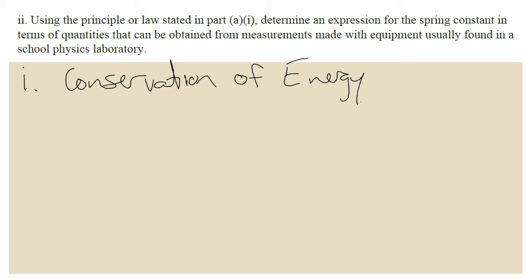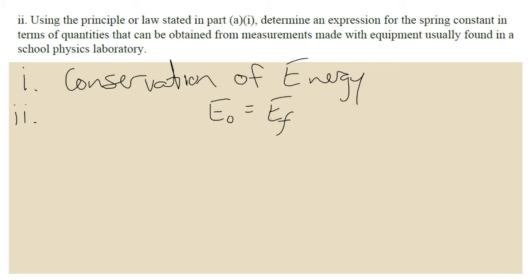Conservation of energy, to me, seems like the most obvious way to approach this problem, particularly because part 2, which is now saying use that principle to derive an equation for k, is very easy using conservation of energy, because all you have to do here is just set up your energy equation. The initial energy is equal to the final energy, and go from there.